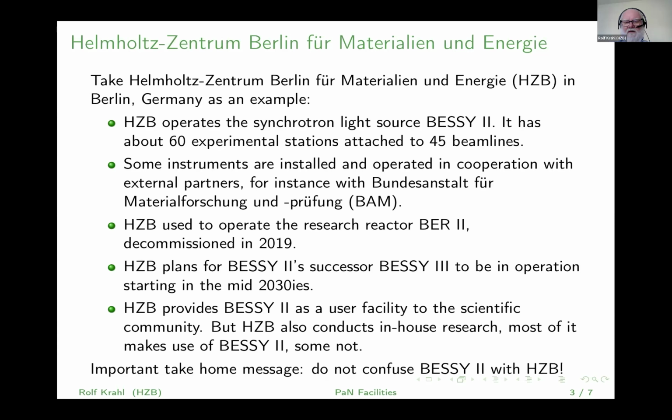We have one beamline from the Bundesanstalt für Materialforschung und -prüfung, BAM. BESSY II is not, or was not, the only facility run by HZB. We also operated a research reactor that was decommissioned in 2019. And HZB also plans the successor of BESSY II, which will be BESSY III, to be in operation in the mid-2030s.